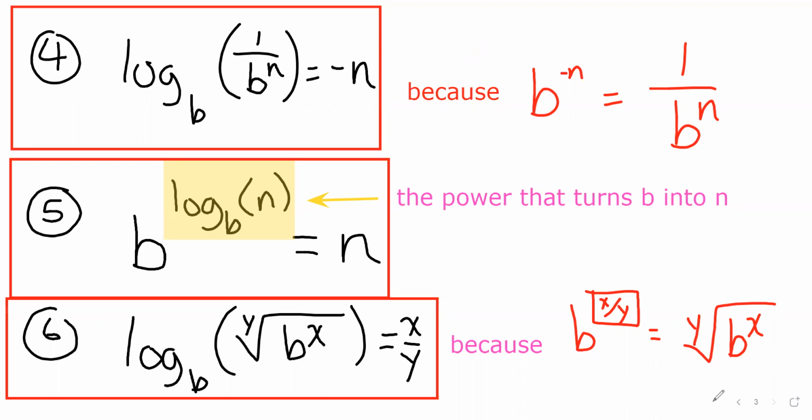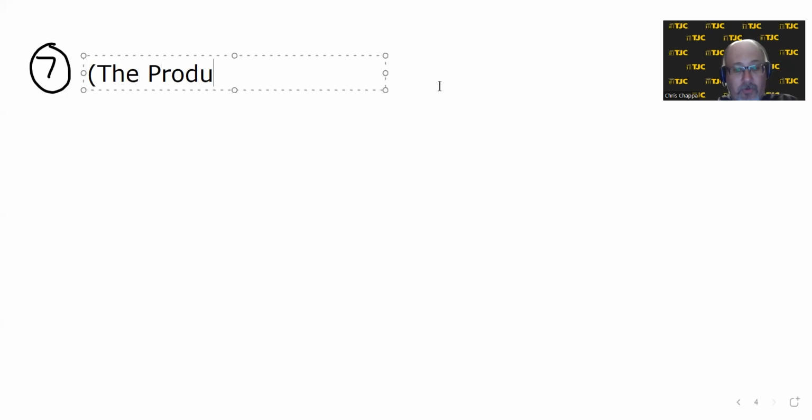All right, I got 3 more I want to show you. I was debating on us figuring these out, but for the sake of time, I'm just going to tell you what they are. Number 6, we've already written. Number 7, now this one actually has a name. This one is called the product rule.